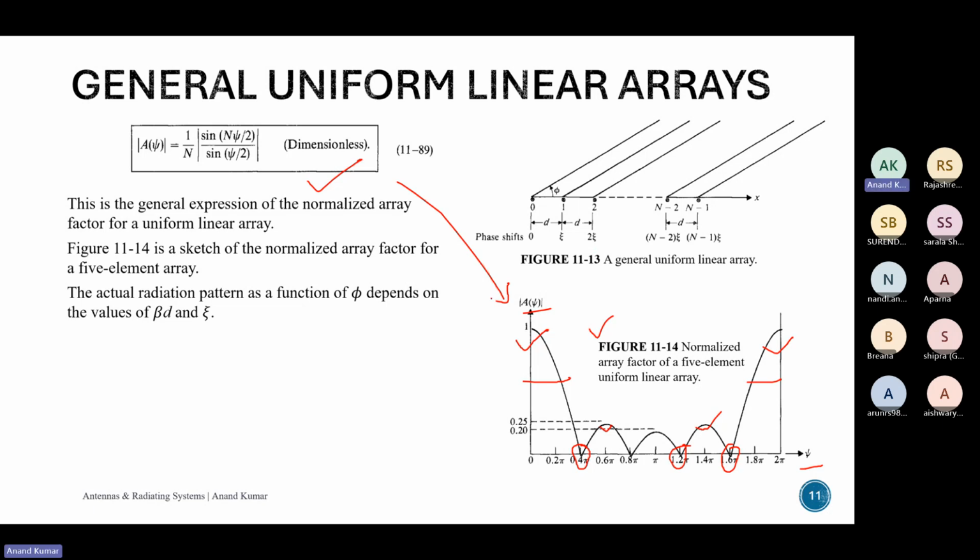So this is from the array factor, and now this array factor is actually a function of beta d and psi, and based on these, we have seen that we have either the broadside radiation pattern or end fire radiation pattern.